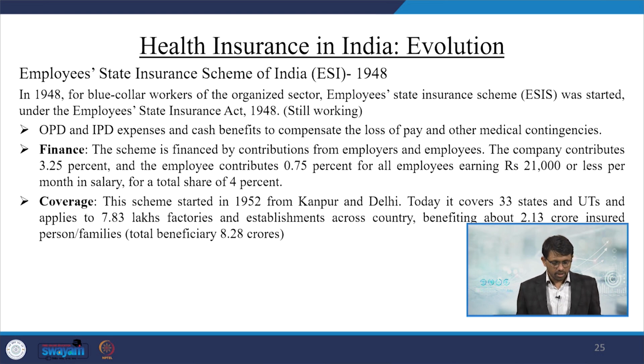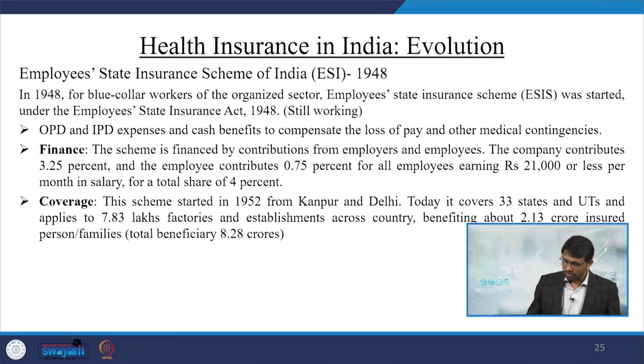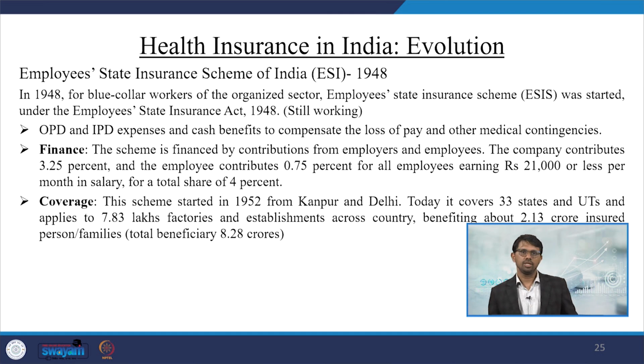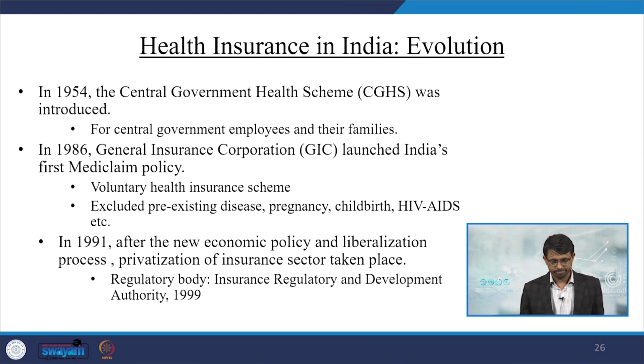This scheme started in 1952 from Kanpur and Delhi. Today it covers 33 states and UTs and applies to 7.83 lakh factories and establishments across the country, benefiting about 2.13 crore insured persons or families. Total beneficiaries are 8.28 crores.